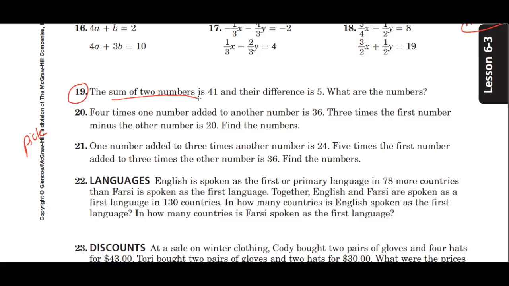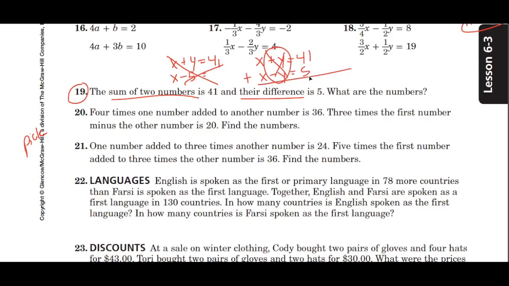So the sum of two numbers is 41, so x plus y equals 41, and then their difference is 5, so x plus y equals 41, and x minus y equals 5, okay? This lends itself to adding because positive y plus negative y is 0. So 1x plus 1x is 2x. Let me come over here, 2x equals 41 plus 5 is 46.